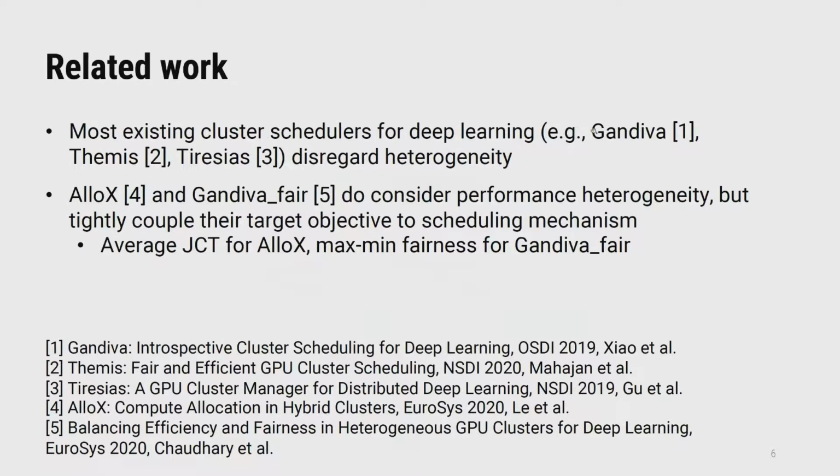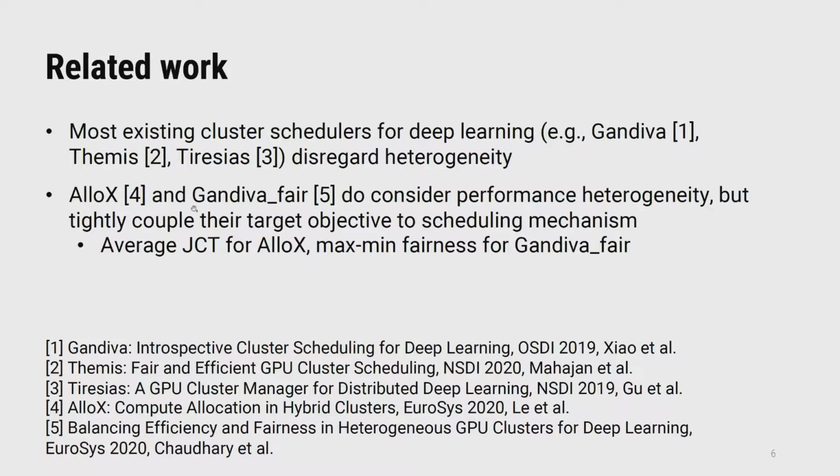And this paper lists the previous papers that we have looked at. Gandiva is the first one, and then there is Tiresias, the one that we looked at using the least attained service time. All of these only consider a cluster with the same resources.